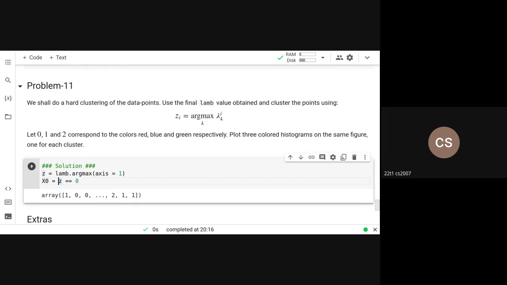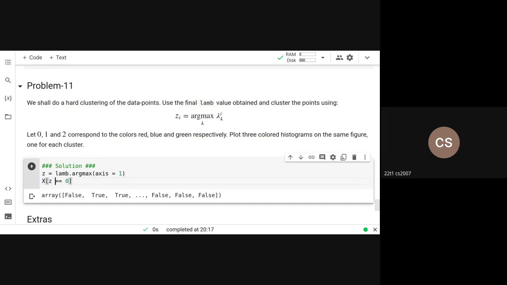Remember, Z double equal to 0 will return a true false array, where the points clustered to cluster 0 are marked. So all that I'm going to do is take hold of these points.